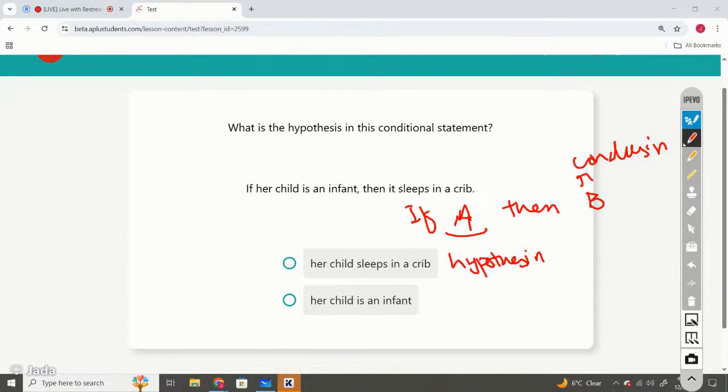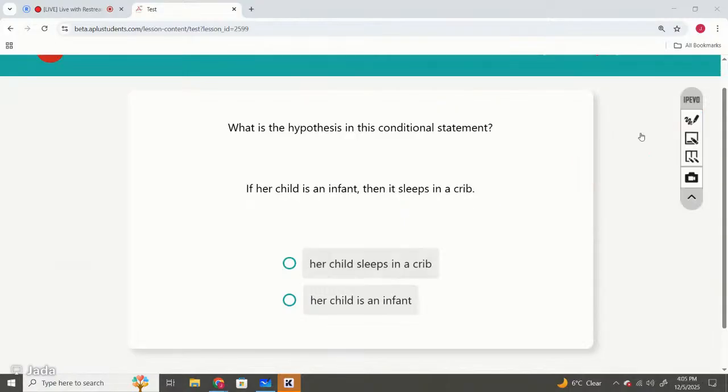Got it? The correct option is her child is an infant.